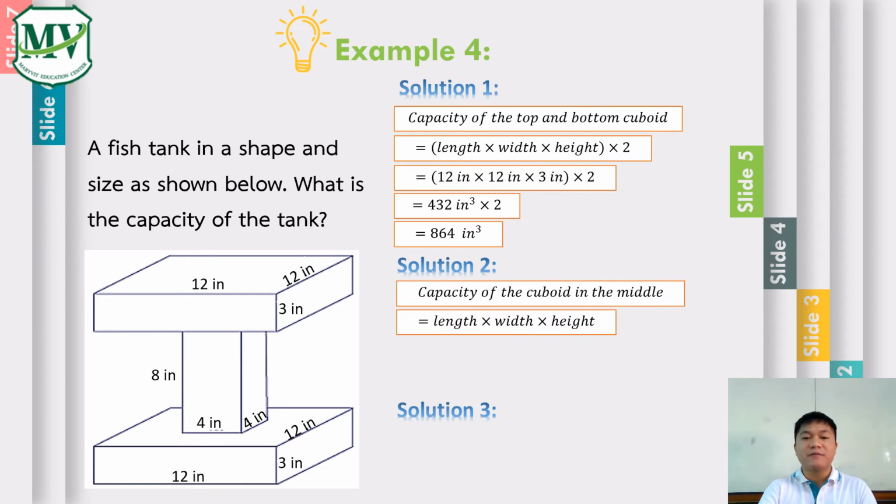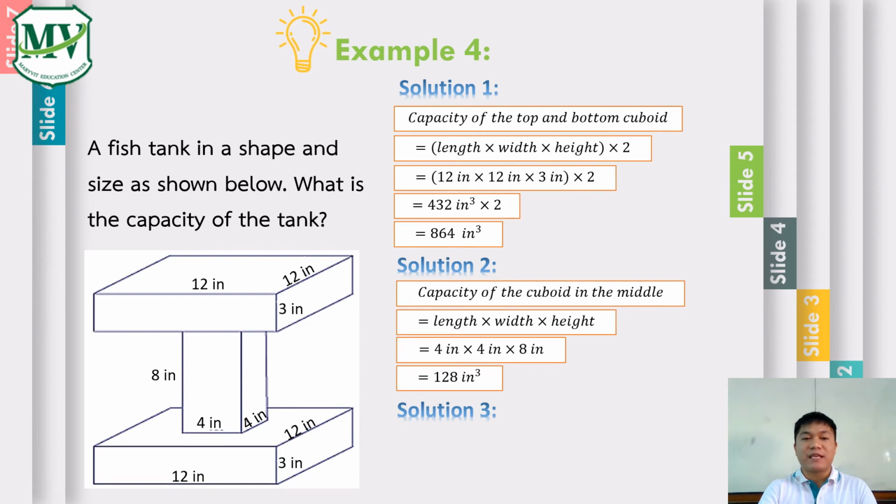The same formula, length times width times height. Since the length and the width are 4 inches respectively, and the height is 8 inches, multiplying the three values, the product is 128 cubic inches.